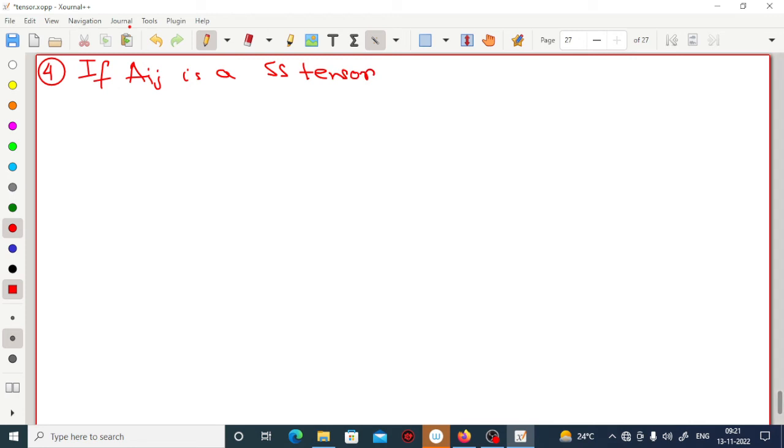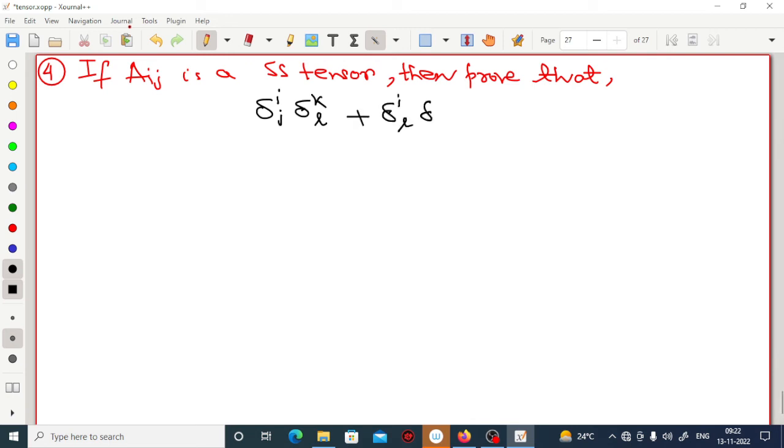If Aij is a skew symmetric tensor, then prove that (delta of Ij, delta of Kl plus delta of Il, delta of Kj) multiplied to Aij, that is equals to (delta of Ij, delta of Kl plus delta of Il, delta of Kj) multiplied to Aij, that is equals to 0. And you are given that Aij is a skew symmetric.